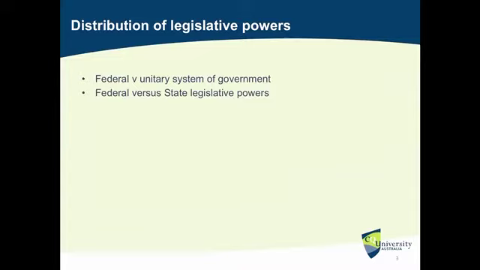In a unitary system of government, what this refers to is that power is located in just one single institution or body. So if you speak, for example, of New Zealand, it has a unitary system of government because all power is just located in the New Zealand Parliament.